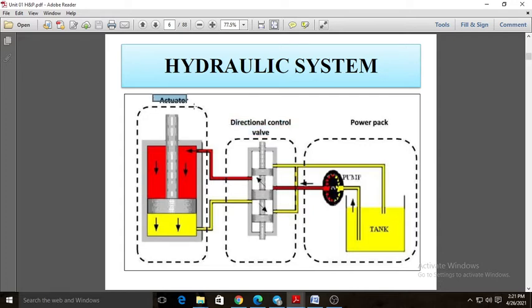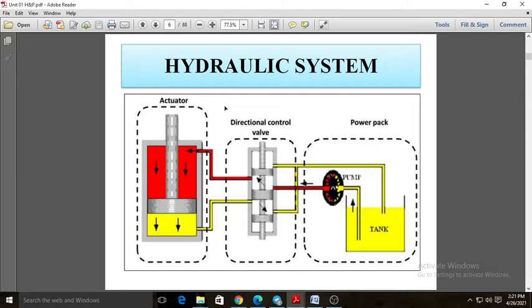Then what is an actuator? An actuator is a device which converts the hydraulic energy of the fluid into mechanical work. There are types of actuators: linear actuator and rotary actuator. We will see the function of actuators in the syllabus as it proceeds further.